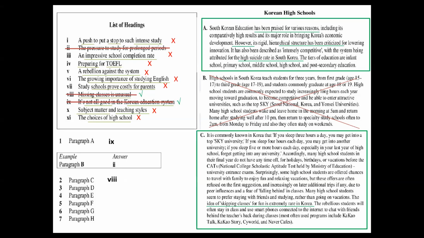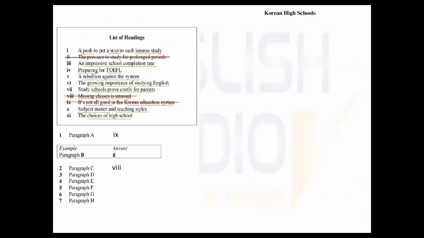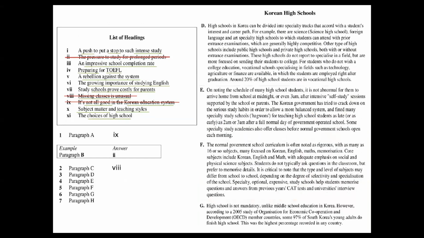Okay, let's go. So now we have paragraph D, E, and F, and G. Mr. Rafdi, would you please help me explain paragraph D? Yes, Miss. Actually, I missed the paragraph D in my answer. Oh, okay.